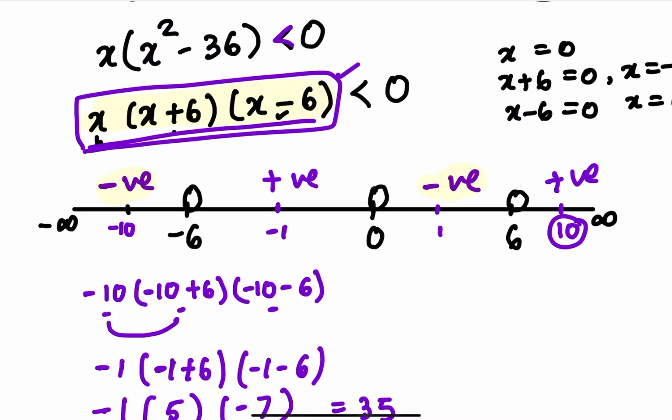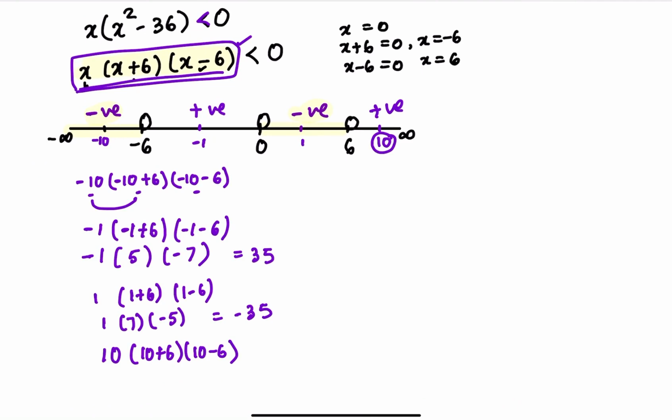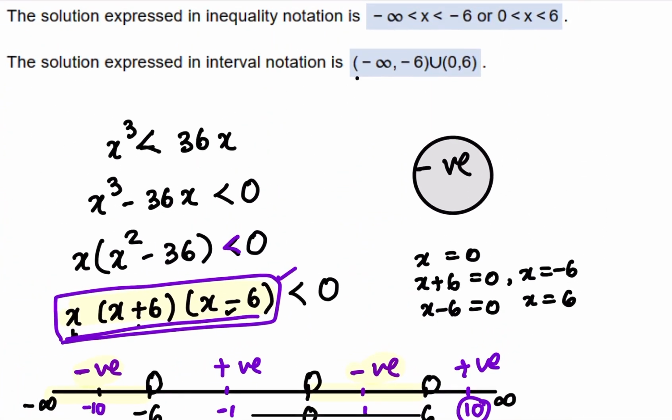Where is it negative? It's negative from negative infinity to negative 6 and from 0 to 6. So your final answer is going to be negative infinity to negative 6 or 0 to 6. Let's check if you're on the right track. There you go.